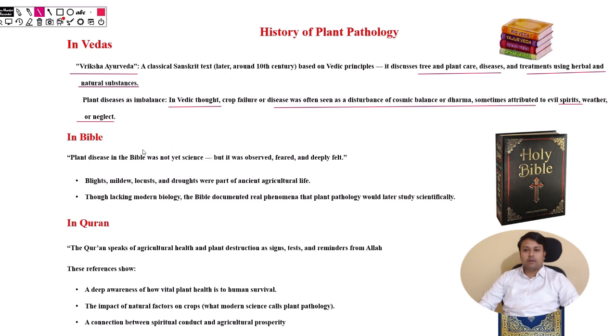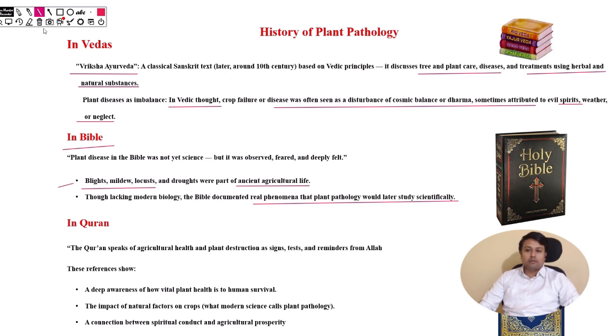In the Bible, plant diseases were mentioned, such as blights, mildews, and locust outbreaks, and they considered these part of ancient agricultural life. Though lacking modern biology, the Bible documented real phenomena that plant pathology would later study scientifically. Means they recorded many diseases such as blights, mildews, and locusts.